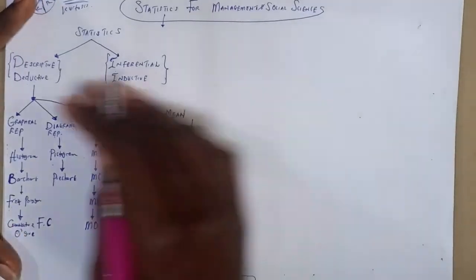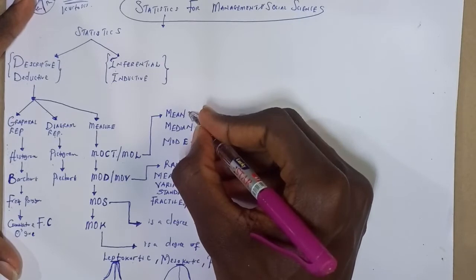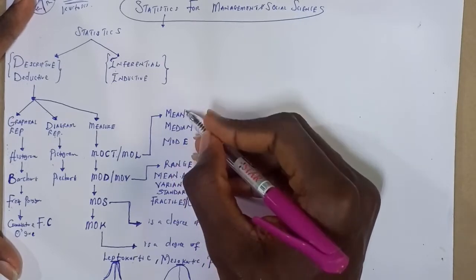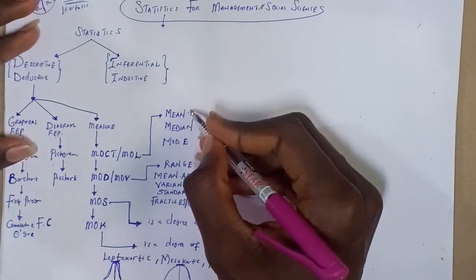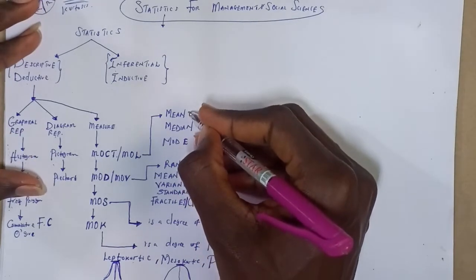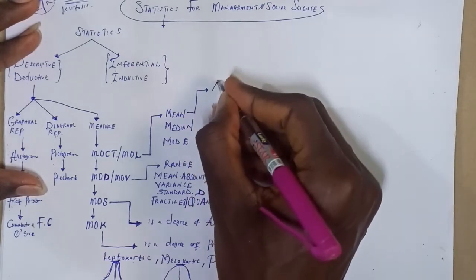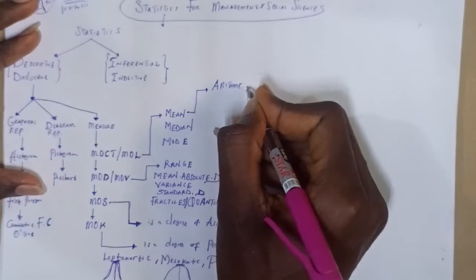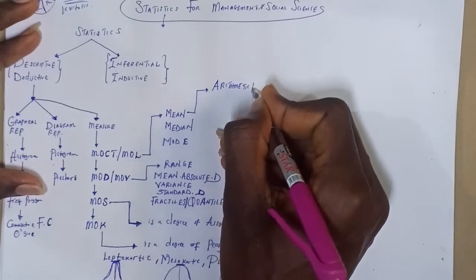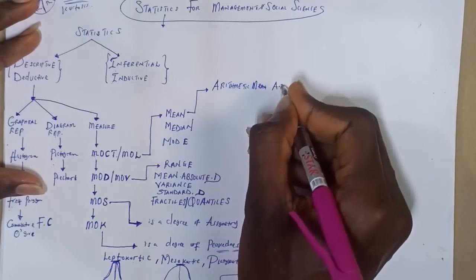In addition to what I've explained so far based on this summary, for this particular mean, to find any computations on mean, we have different types of them. We have the arithmetic mean, that is AM.